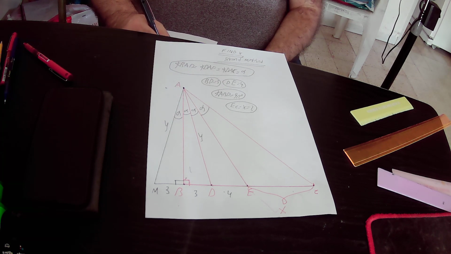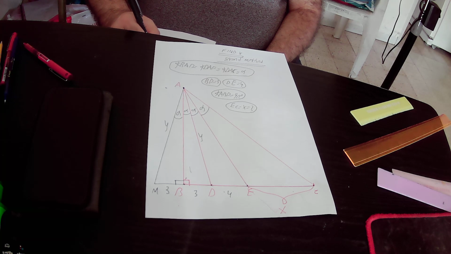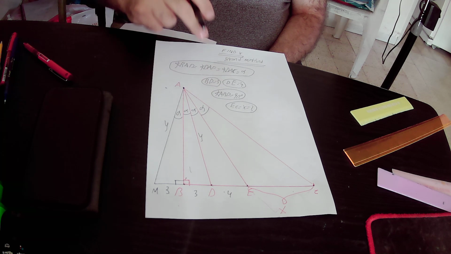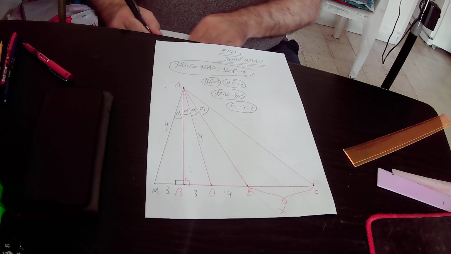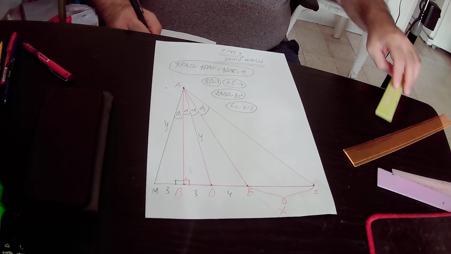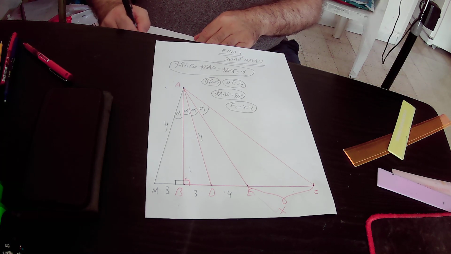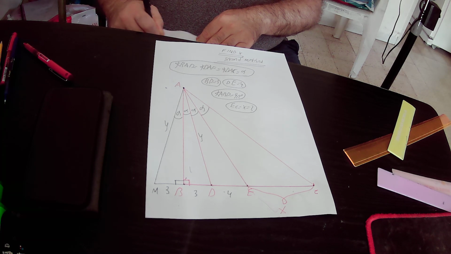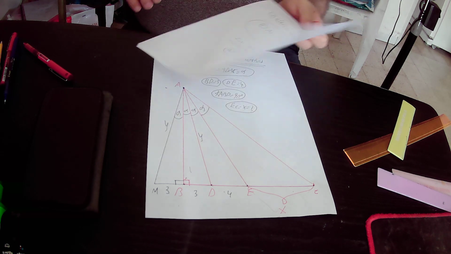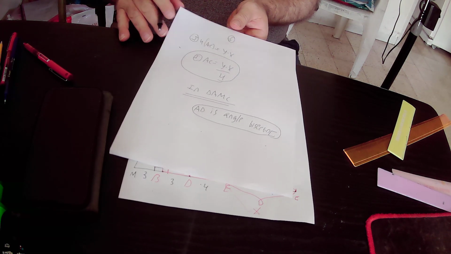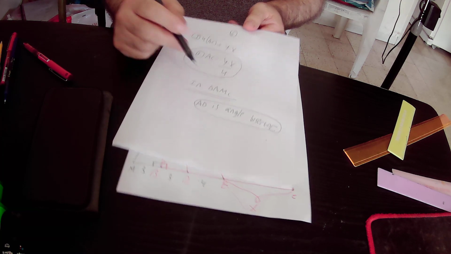In the big triangle AMC, we know that AD is angle bisector.